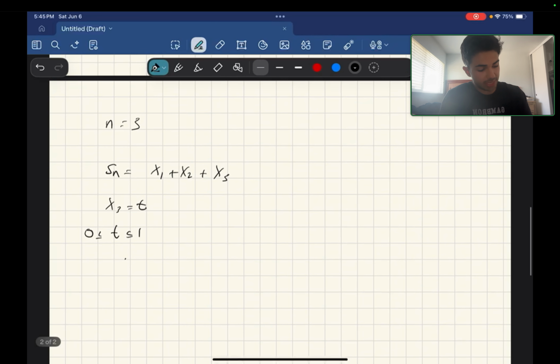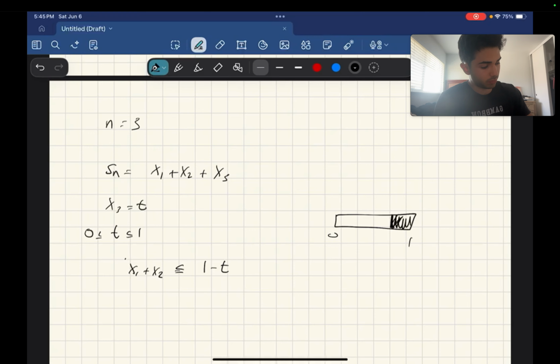That means x sub 1 plus x sub 2 can be at most 1 minus t, because the remaining portion we're allowed to have is 1 minus t.